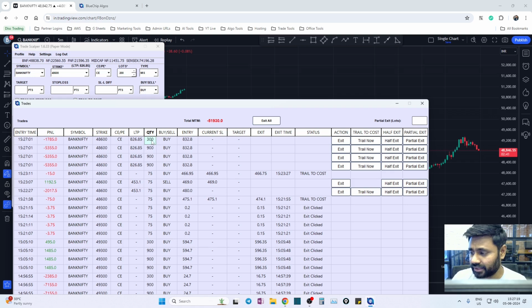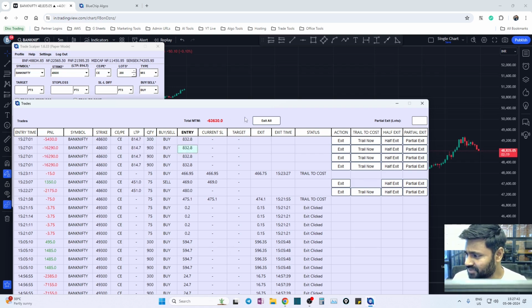So now you can enter even like 200, 300, 500, or even 1000 quantity. This application knows how to split the orders, and you can call it as iceberg or slicing, order slicing, whatever name you would like to. But the concept here is we are just slicing the orders and sending them as different positions.